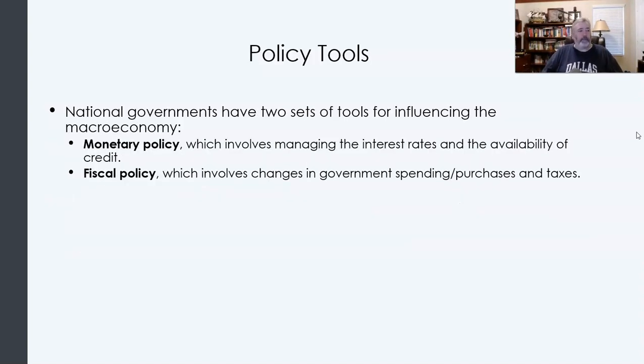All right. Again, monetary policy involves managing interest rates, and you do that by changing the supply of money, which we'll talk about, how the Fed does it. The primary way they change interest rates, or the supply of money, is by buying and selling bonds, right?